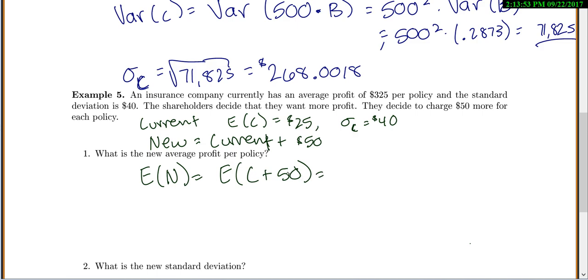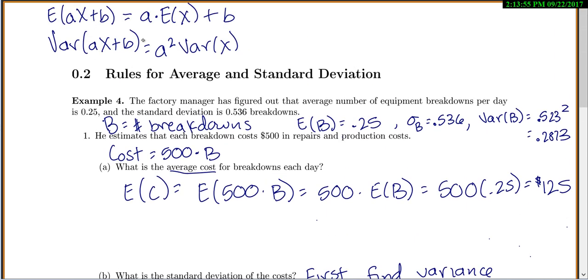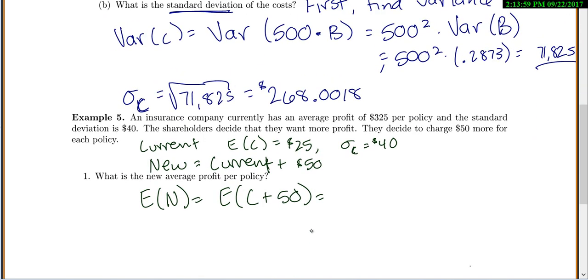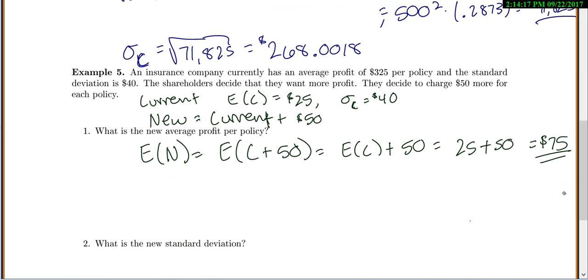And that plus 50, if you add something in the expected value, it just comes right out. So it'll just be the expected value of the current plus 50, or 325 plus 50, which gives me $375. Which makes sense, right? If you're currently making an average profit of 325 and you charge everyone 50 more, your profit should now be 375, 50 more.